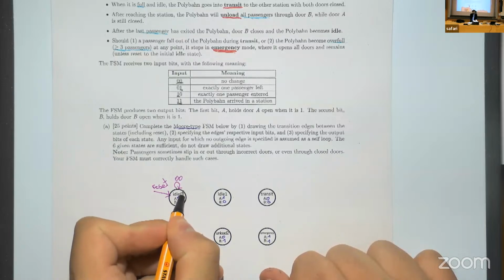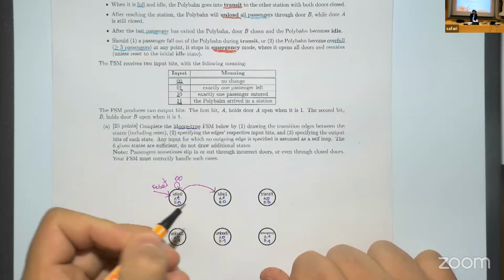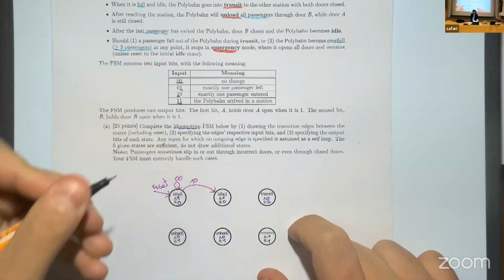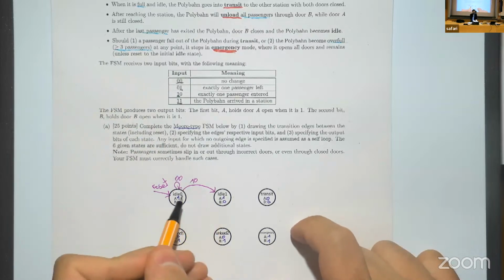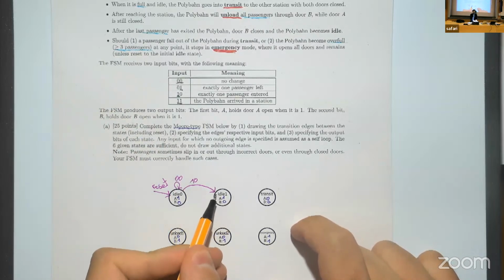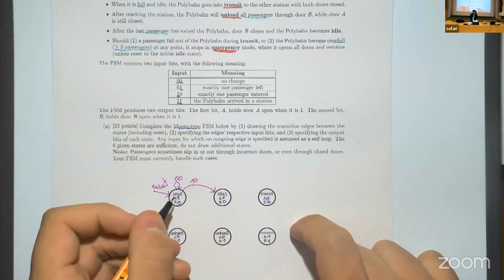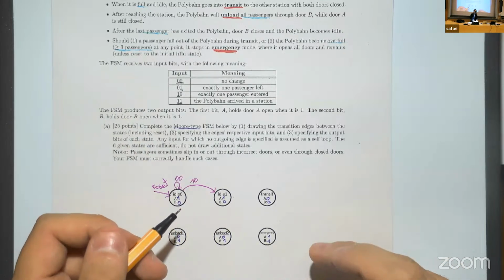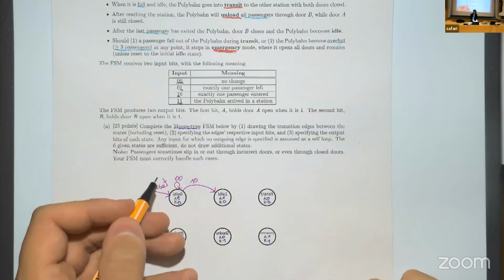Then if we have a passenger enter, we go over there, so 1, 0: we were at 0 passengers, now we have 1 passenger, but we're still idle. If we had a passenger leave from 0 passengers, that doesn't make a whole lot of sense.